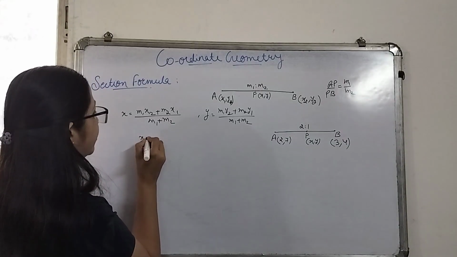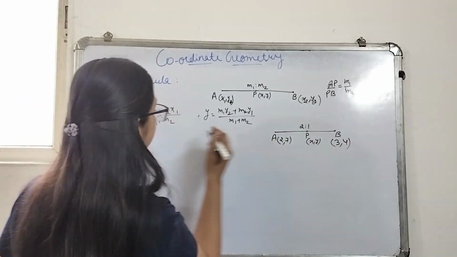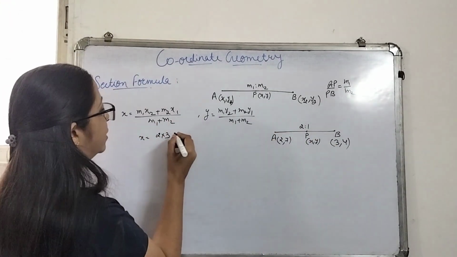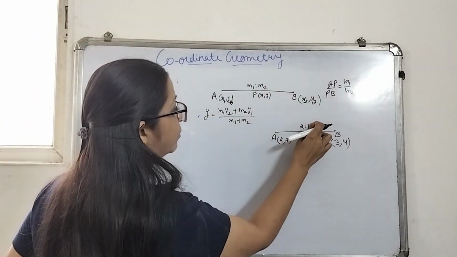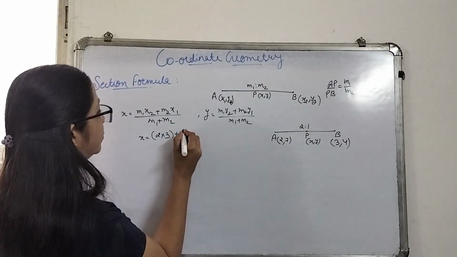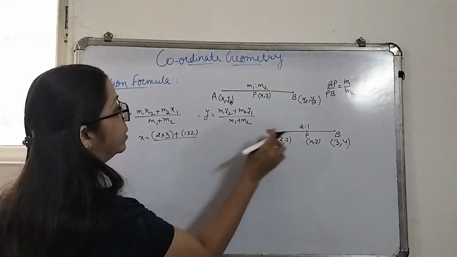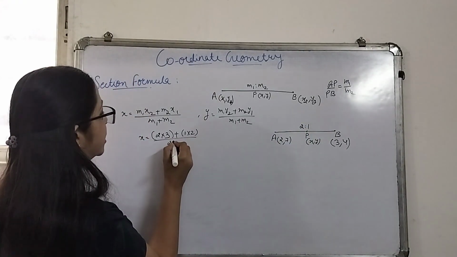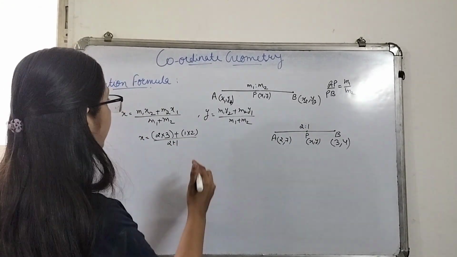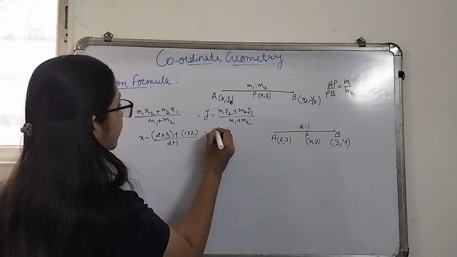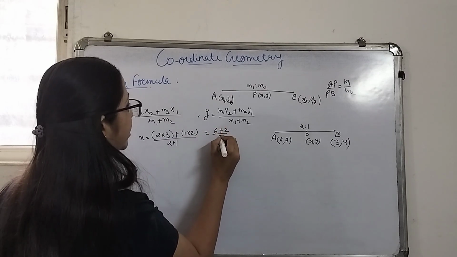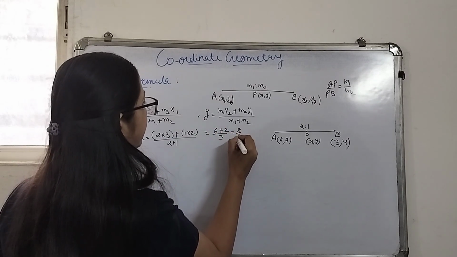Suppose the coordinates are x, y. So the value of x will be 2 multiplied by 3 plus 1 multiplied by 2, divided by 2 plus 1. 2 multiplied by 3 is 6, plus 2, over 3, that is 8 by 3.